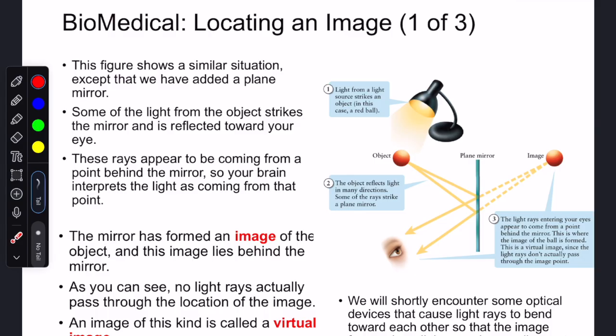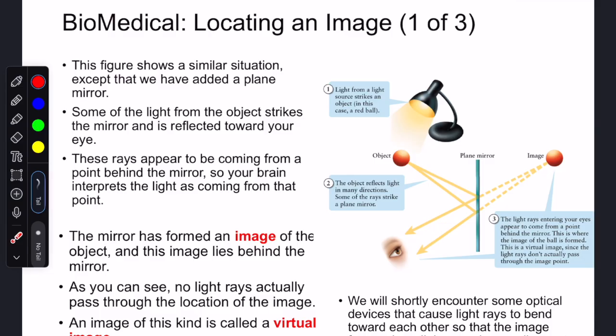That's the ray that our brain makes up into existence, right? That's why it's called virtual, in order to explain what it's seeing, in order to say, oh, you are seeing something, it's straight back.